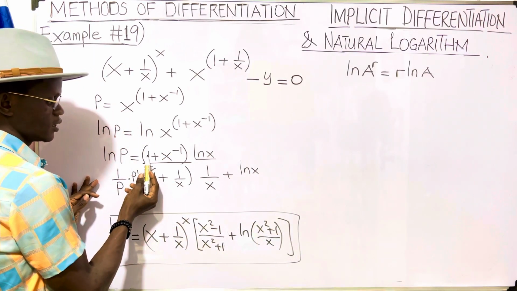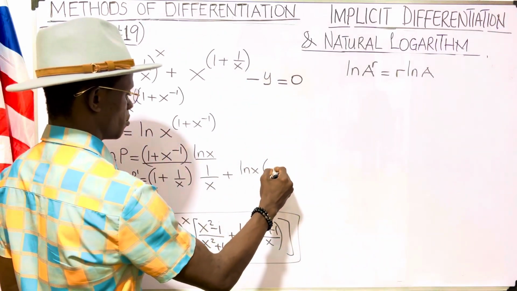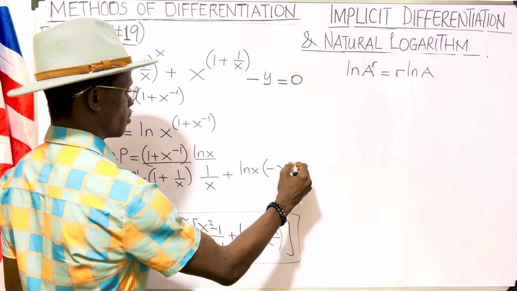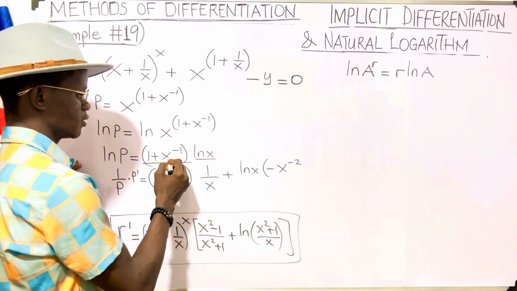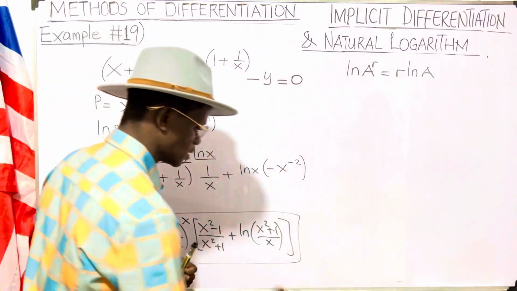So the derivative of 1 is just 0. The derivative of x raised to the power minus 1 now is minus x raised to the power minus 2, because we bring this power down and subtract 1 from the power. So now we can simplify.